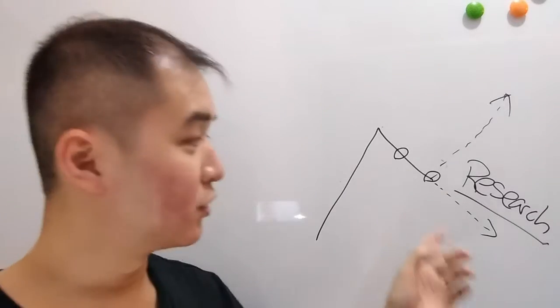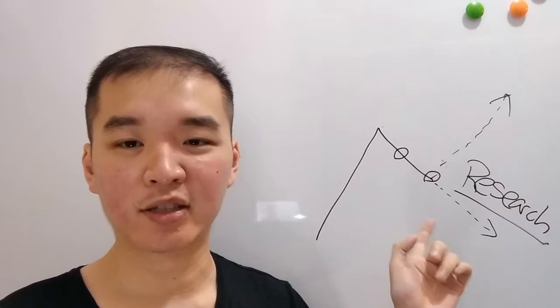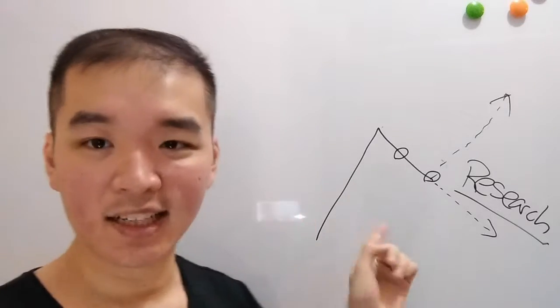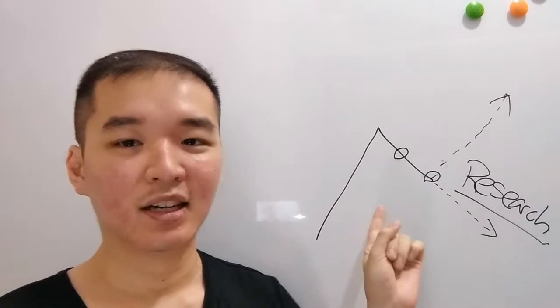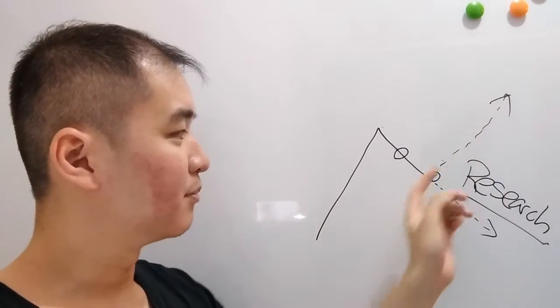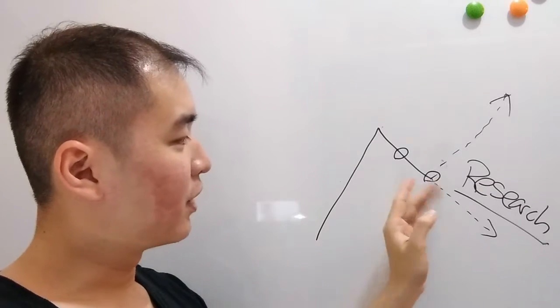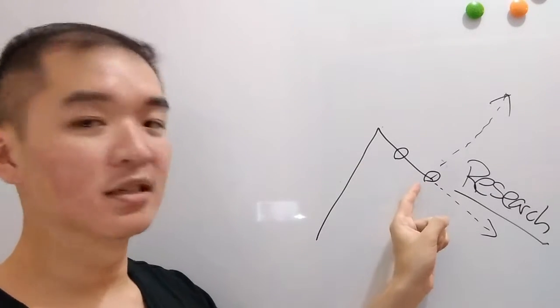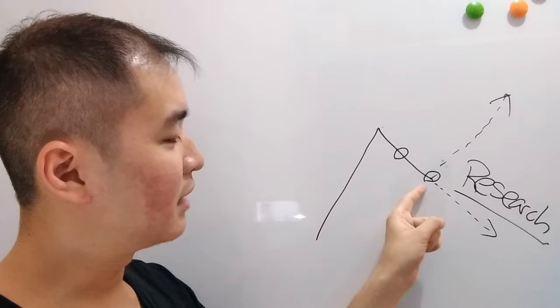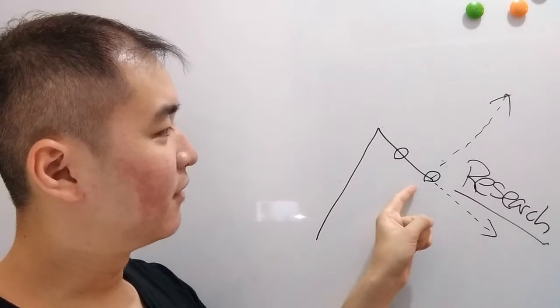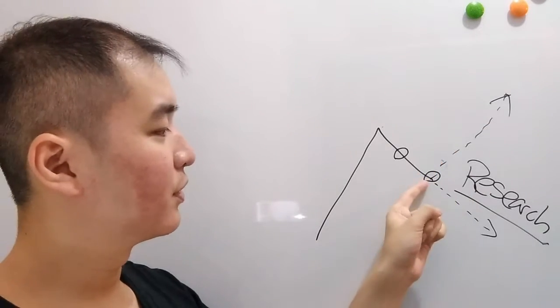Now, I just told you something super important, so let me repeat this. It means that using technical analysis alone doesn't solve your problem, because at this point, technical analysis can tell you that this is a low, but technical analysis does not tell you if it is more likely to go up or go down.